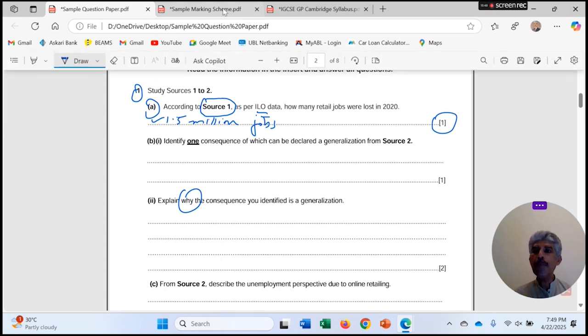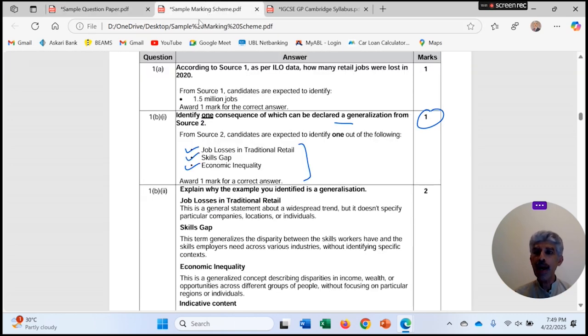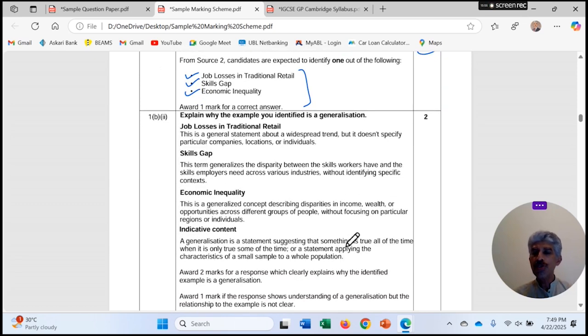So students will justify why their choice is a generalized statement. For example, job loss in traditional retail: students will explain this is a general statement about a widespread trend, but it does not specify particular companies, locations or individuals.